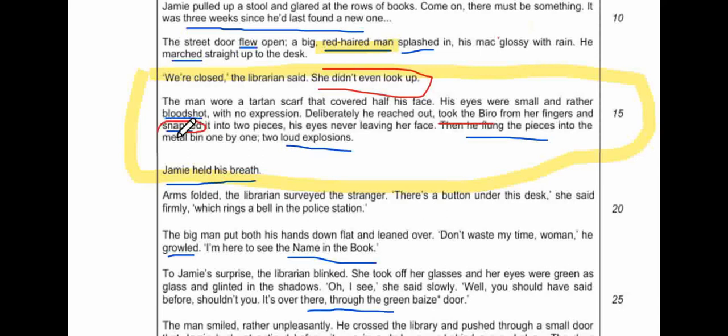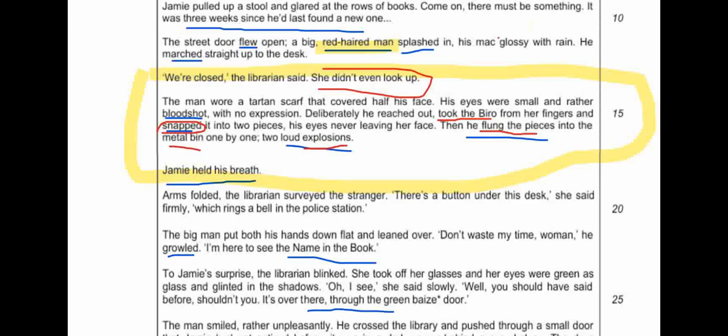So he is emotional and he flung the pieces, to show that he's angry, into the metal bin and with two loud explosions. So the librarian doesn't react and the red-haired man is emotional. You can see from this quotation for the librarian, and the quotation for the red-haired man is he flung the pieces into the metal bin.